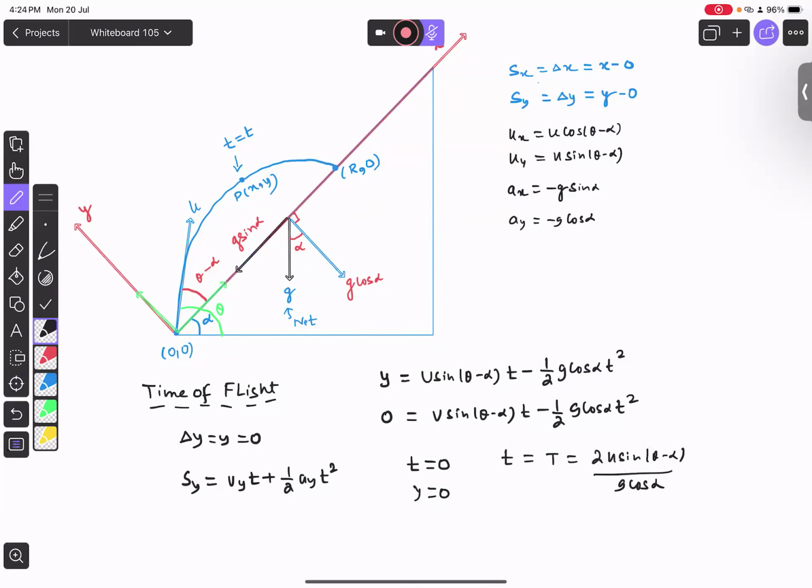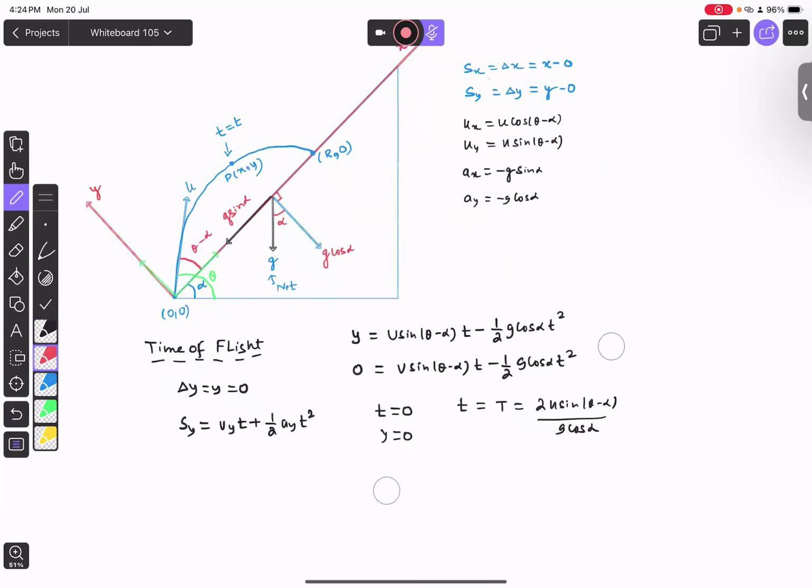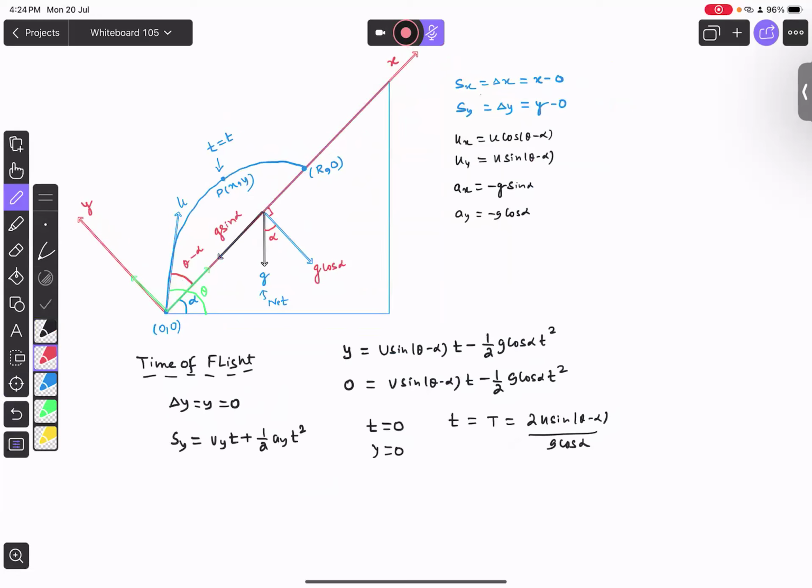So the formula is kind of the same as the first formula of time of flight in vertical projection, where T was 2u by g. It is the initial speed along y by the magnitude of the acceleration along y. So the time of flight formula is kind of the same.